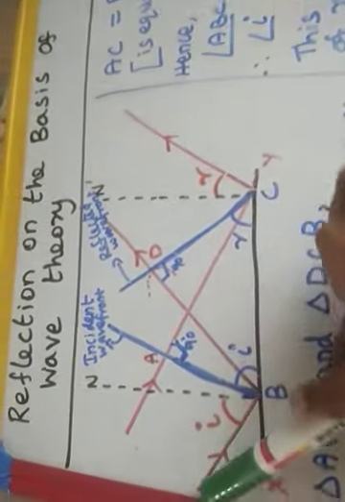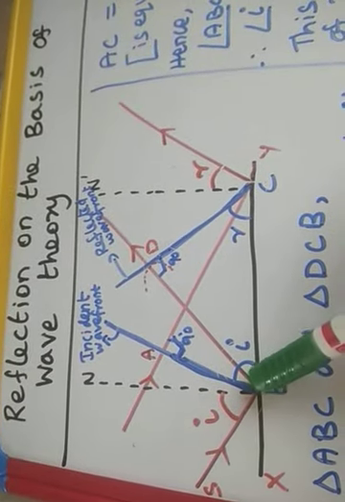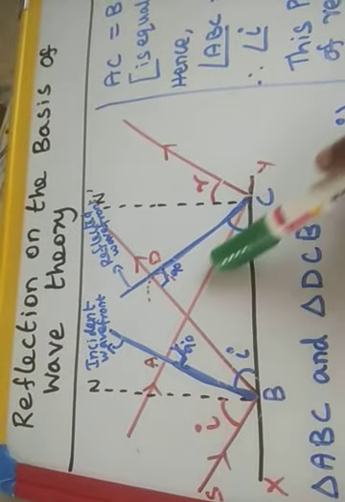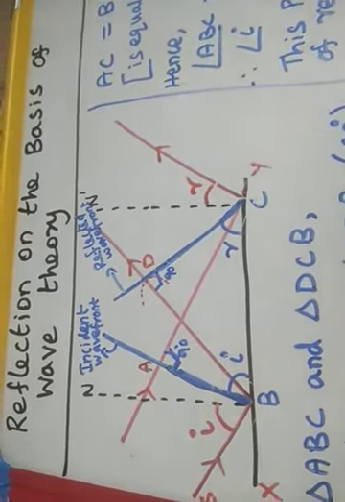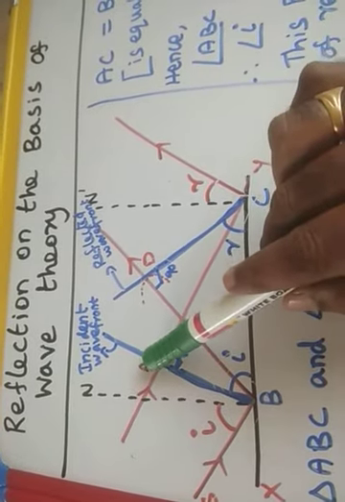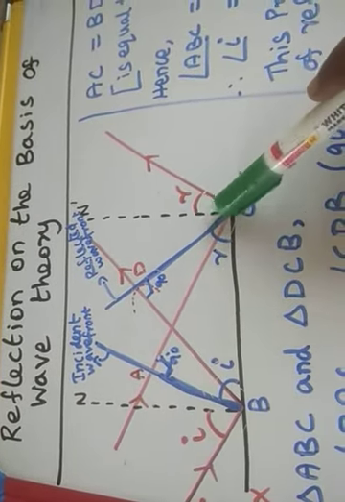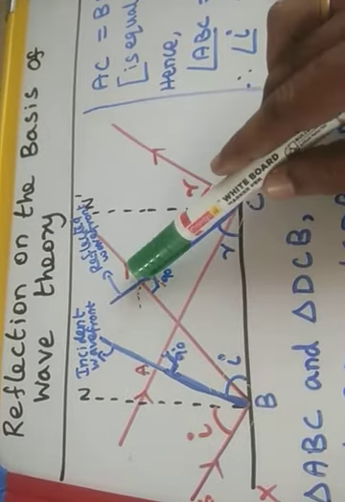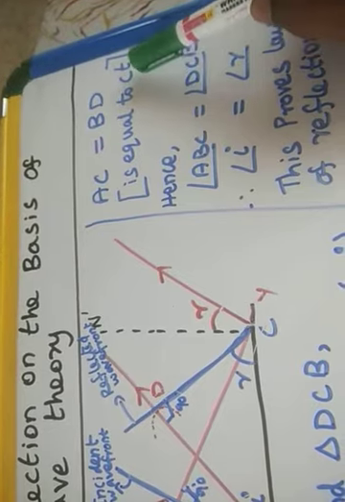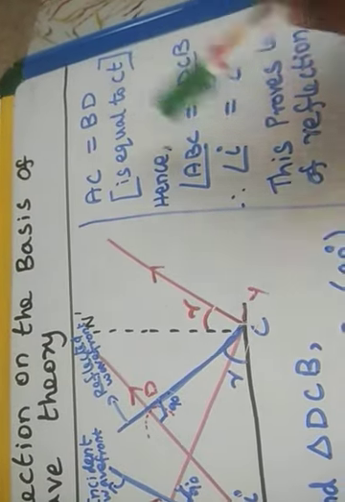Dear students, this ray is incident on the reflecting surface very shortly. After some time the second ray comes and hits the reflecting surface. So very simple, the distance from here to here must be equal to the distance from here to here, that is equal to CT. C is the velocity of light, T is the time taken to travel that distance.